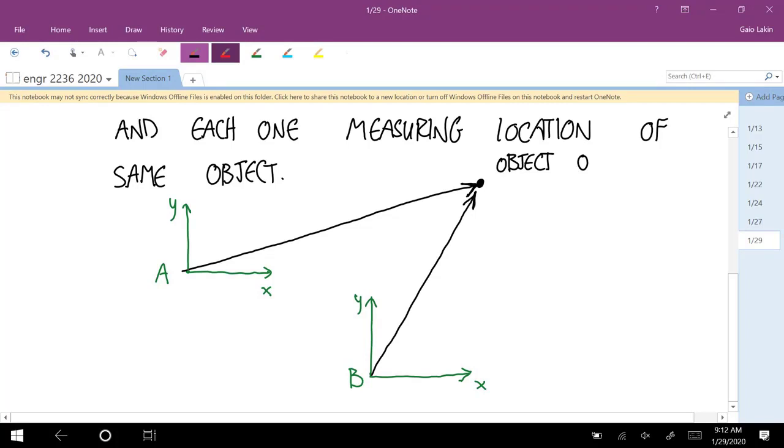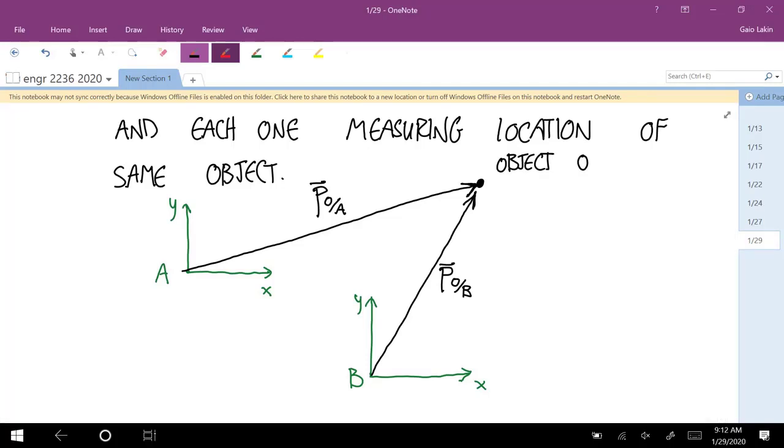The notation that we're going to use is: this is the position of O relative to A, and this is the position of O relative to B. So it's like a fraction bar in the subscript.